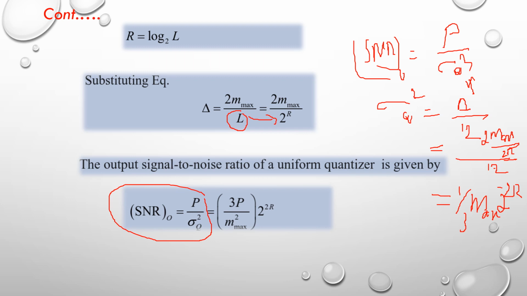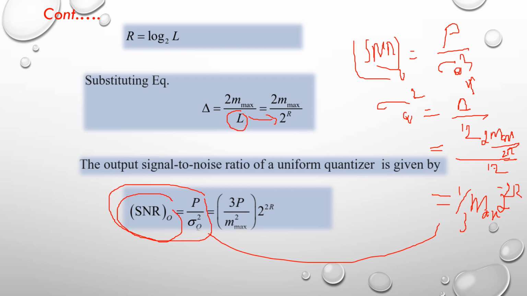Our intention is to find the SNR output. So SNR output is equal to P divided by sigma q squared. Now you replace sigma q squared with 1 by 3 m maximum squared into 2 to the power minus 2R.